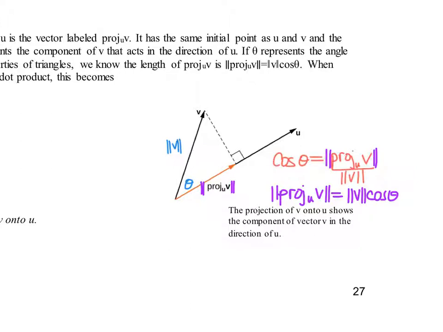So, the magnitude of v onto u. The thing to keep in mind is, again, v has some component that's acting in the direction of u. That is the projection. The notation's a little weird, but if you're always thinking about the subscript as being the vector that you're acting on, then that's probably the way to go.